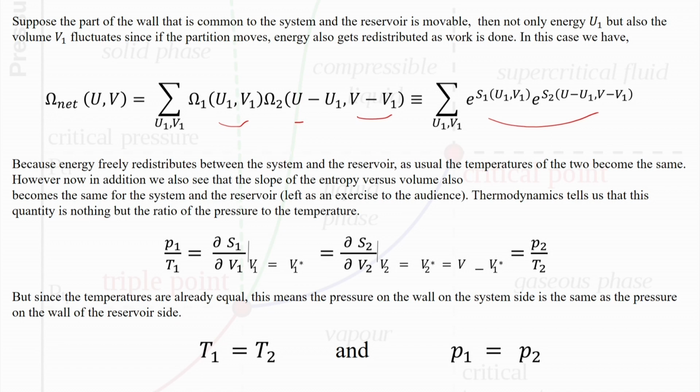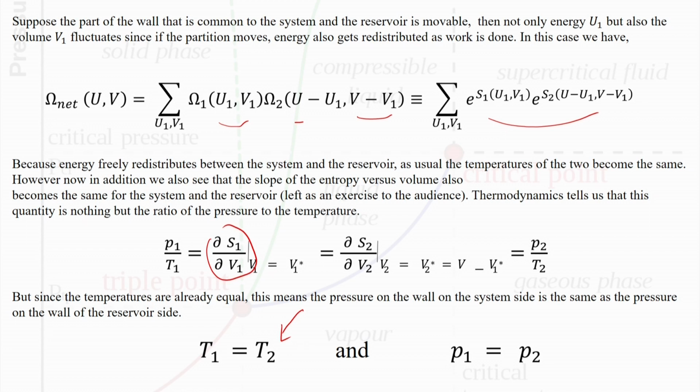And so you get two different equilibrium conditions. One is the usual equilibrium condition, which forces us to equate the temperatures, and the other condition forces us to equate the slope of the entropy versus volume on the reservoir side to that on the system side.